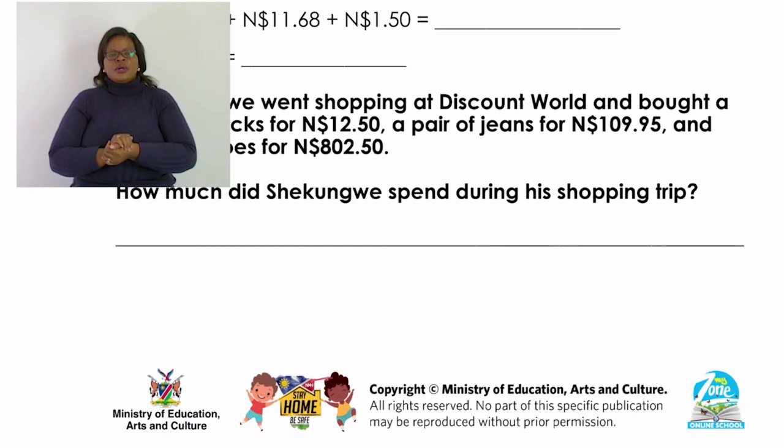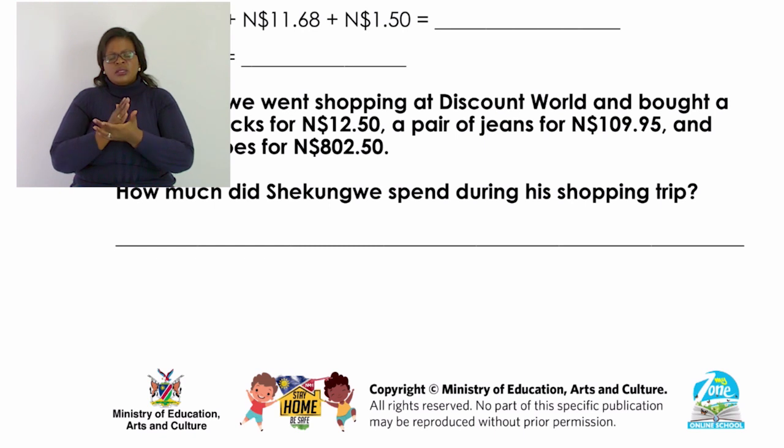Now, the key here is not just to add the numbers together, but remember, you first need to make sure that you bring the numbers together that will give you an easy answer so that you can continue to add the next number. All right? So first of all, figure out what type of property you will use. Some of you might already get the idea.